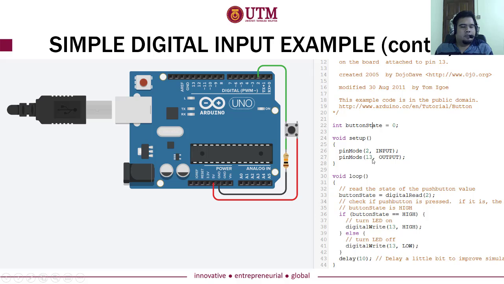Of course you can ignore this other line first, because currently we set pin number 13 as output, but we don't use it in this looping instruction, so it doesn't matter whether it is executed or not. Just assume first that you don't have this one.